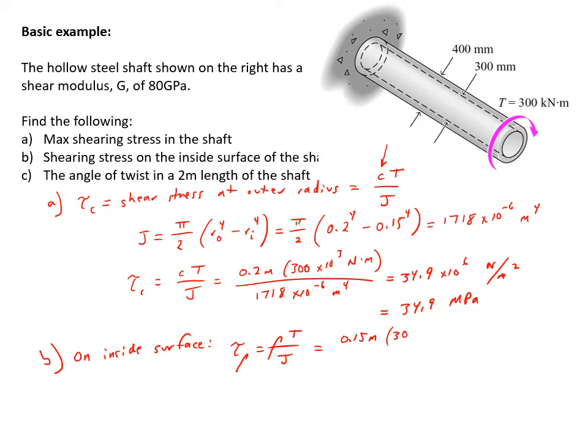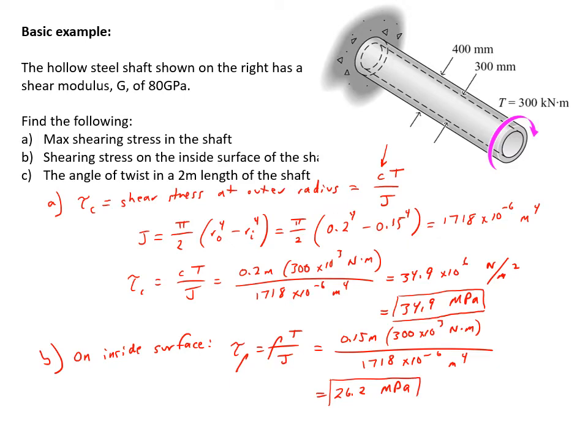Again, we have the same torque as before, 300 times 10 to the third Newton meters, divided by the same polar moment of inertia, 1718 times 10 to the minus 6 meters to the fourth. That's going to give us 26.2 megapascals. All right, so the outer radius stress is 34.9, the inner radius stress is 26.2.